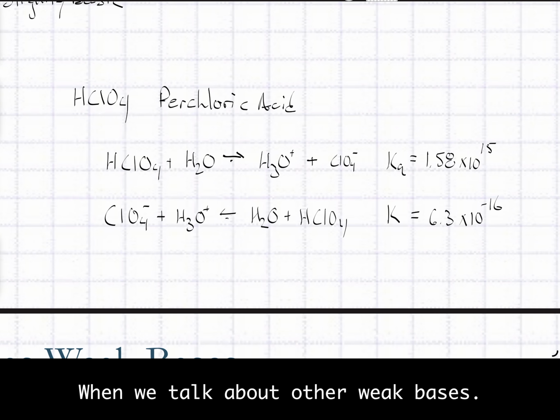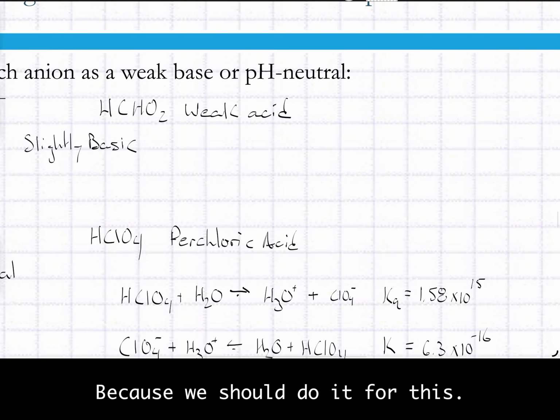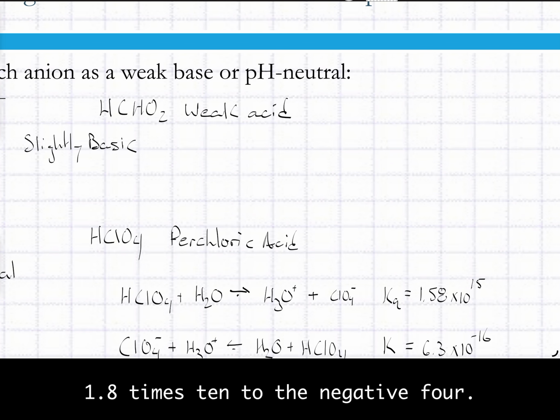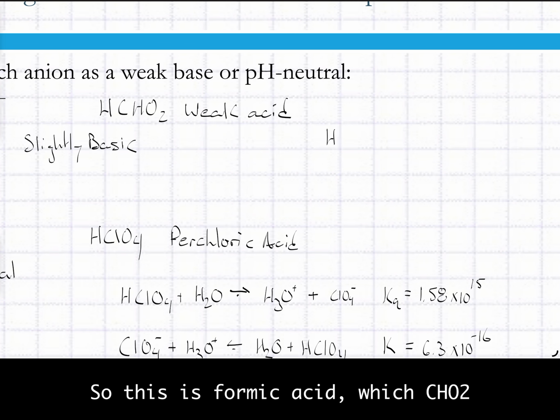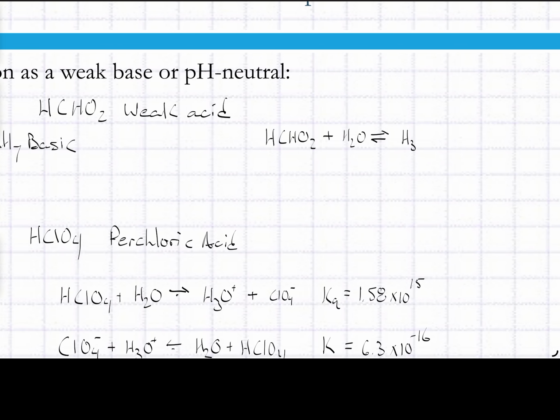When we talk about other weak bases, because we should do it for this, I think there's one. This is formic acid, which is CHO2 plus H2O, H3O plus, CHO2 minus.